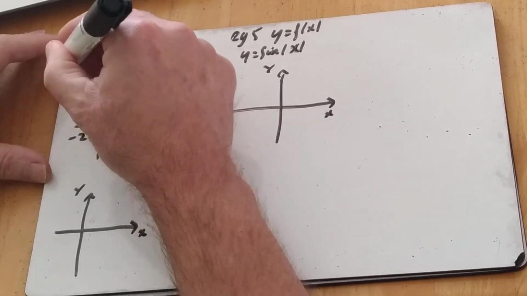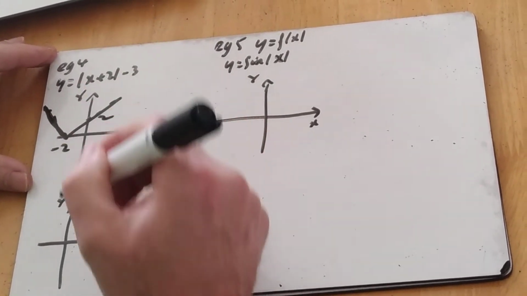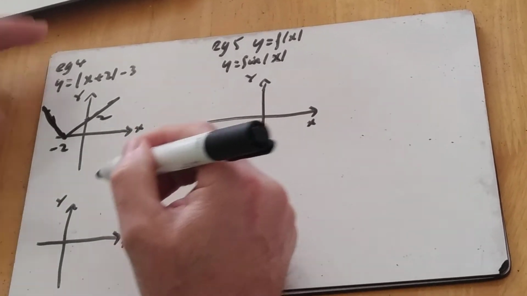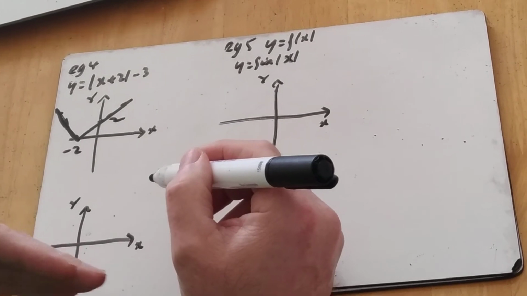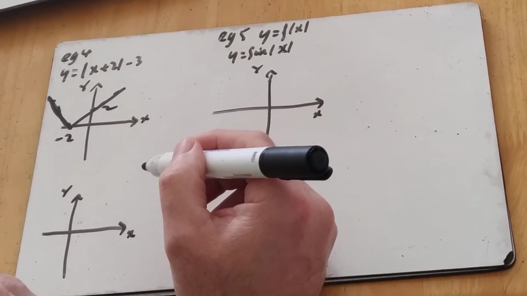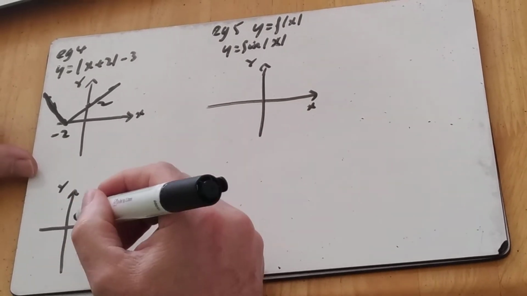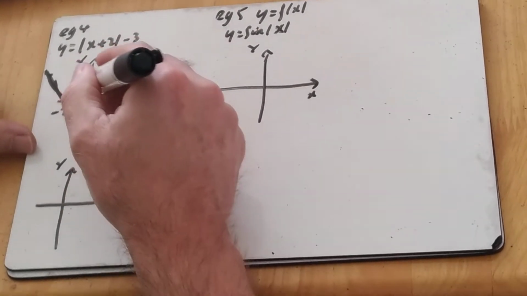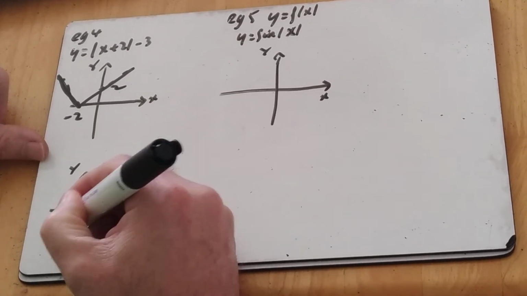So our graph would look like that. What does the minus 3 do to it then? It shoves everything down by 3. So it takes this function, which has nothing below y equals minus 3. So instead of crossing at 2, it's going to cross at minus 1, and it's going to go like that.